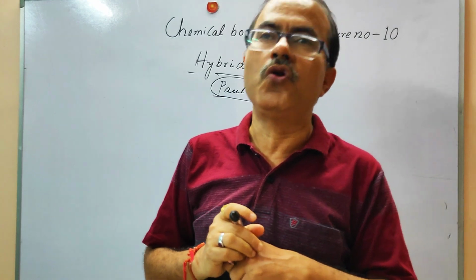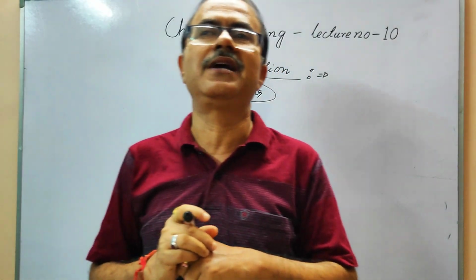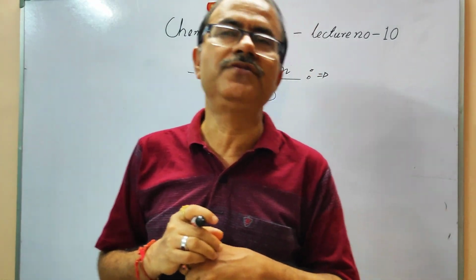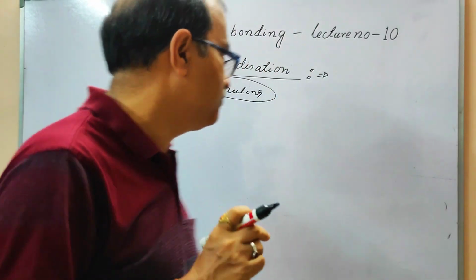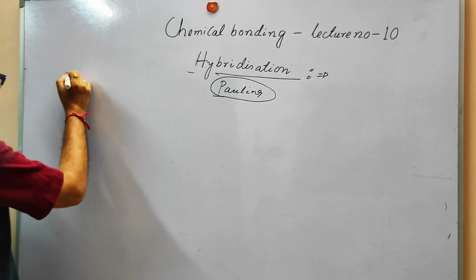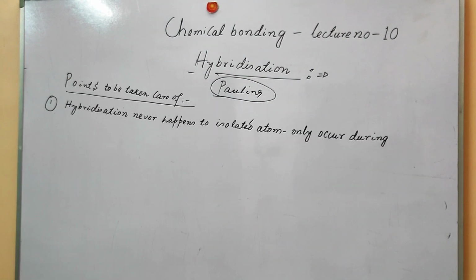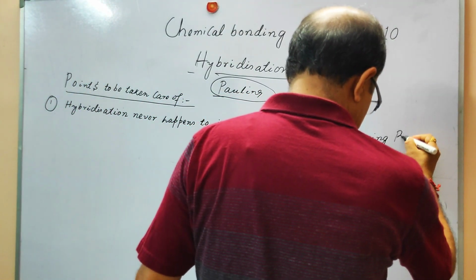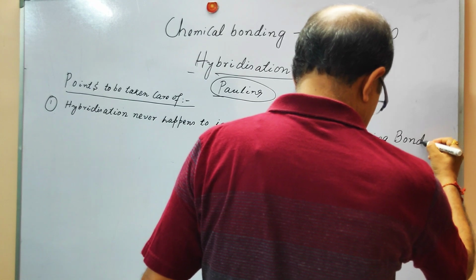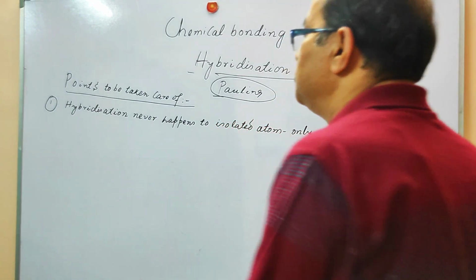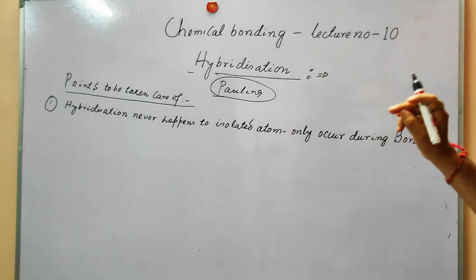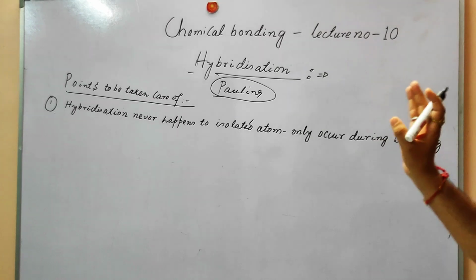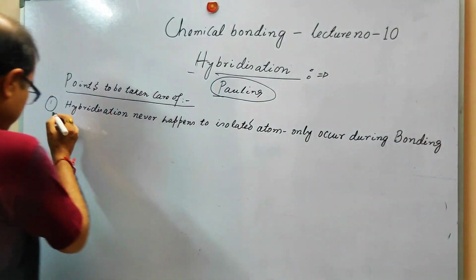There are several points we must always keep in mind when discussing hybridization or answering questions. The first point is that hybridization never happens to an isolated atom; it only occurs during bonding.